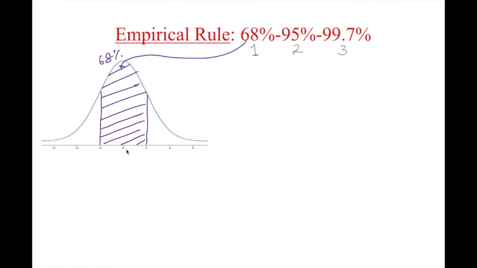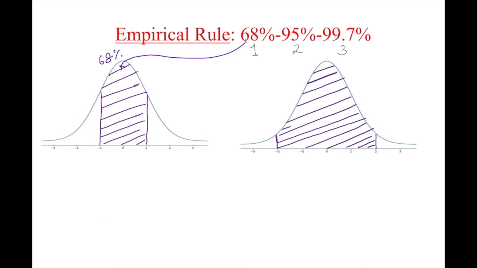That's 1 standard deviation. Okay, let's take a look at 2 standard deviations. In 2 standard deviations, we have 2 standard deviations and also -2 standard deviations. Whatever data is here, almost 95%, falls in between this.